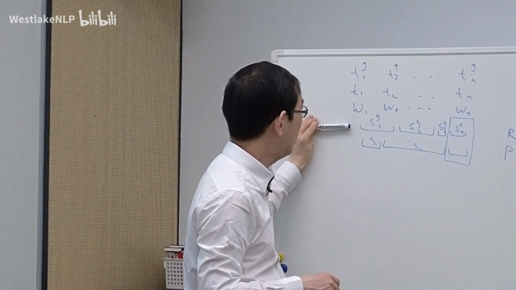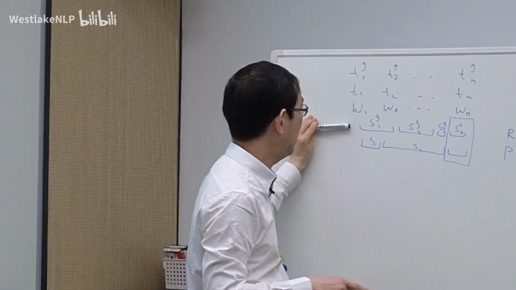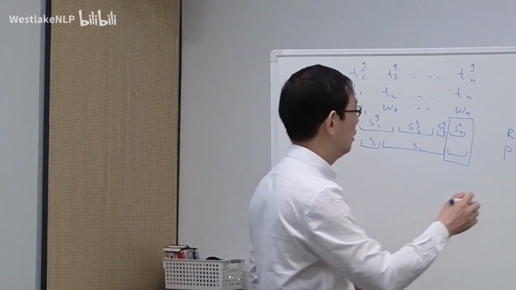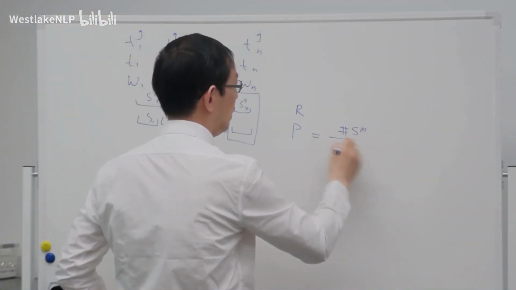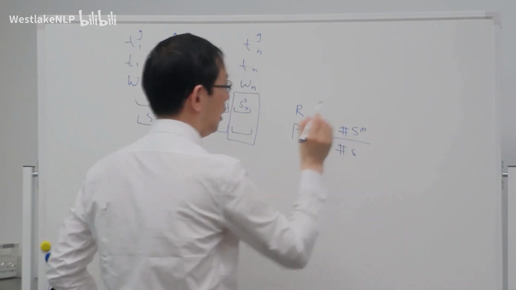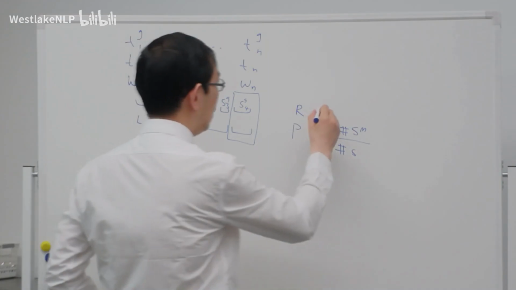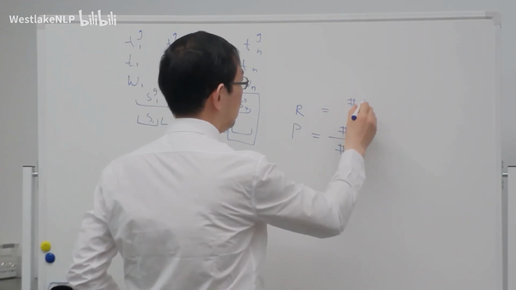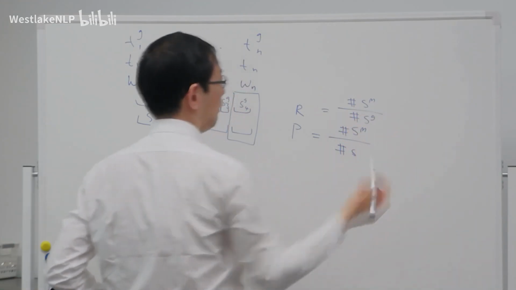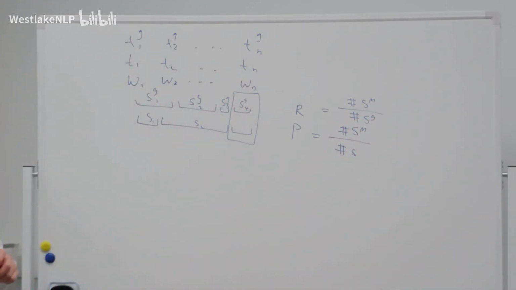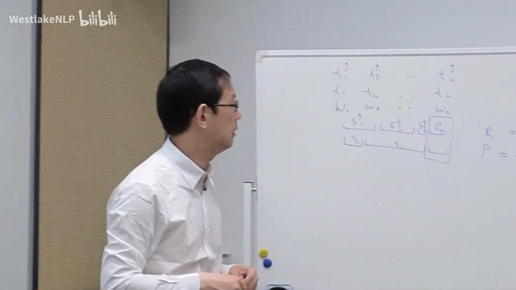So if we call the matching ones SM match, then precision is the number of matching ones divided by the number of outputs, SM versus S. So the recall is the ratio between SM over SG, the gold ones, okay? So SM means the matching ones, the number of matching ones.